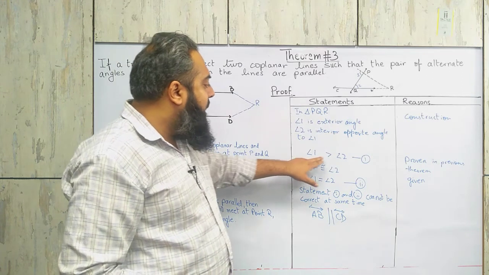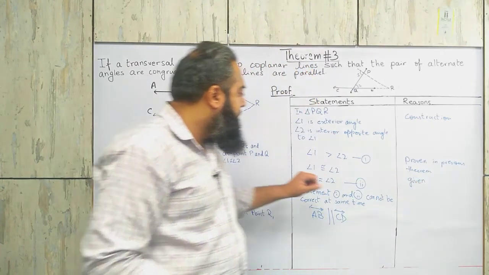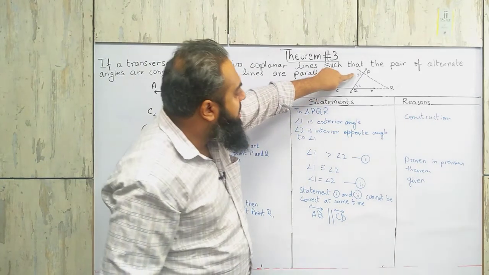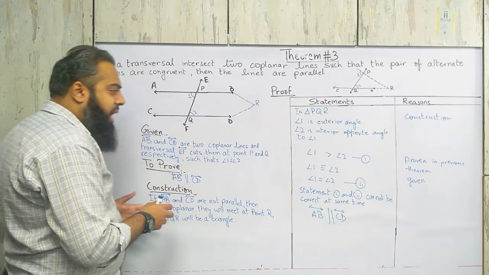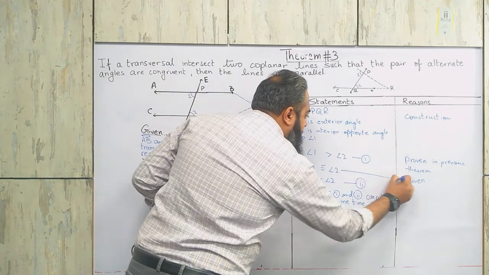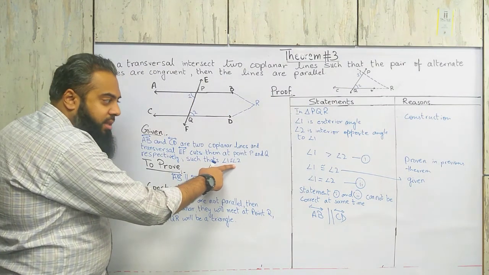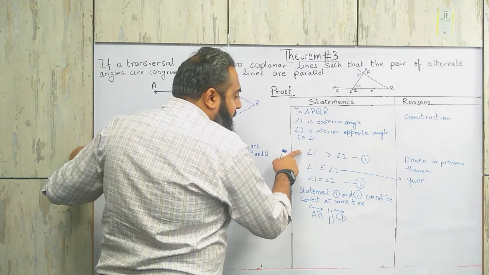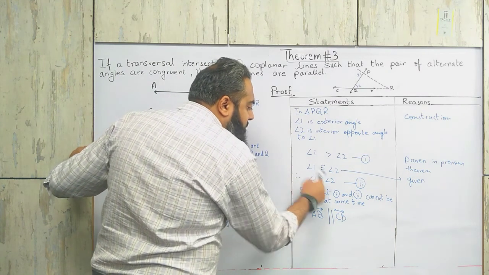Angle 1 is greater than angle 2 over here, as we have proven in the previous theorem. But what do we have over here? We can see that in the given we have angle 1 congruent to angle 2. Therefore, our statement will be angle 1 equals angle 2.